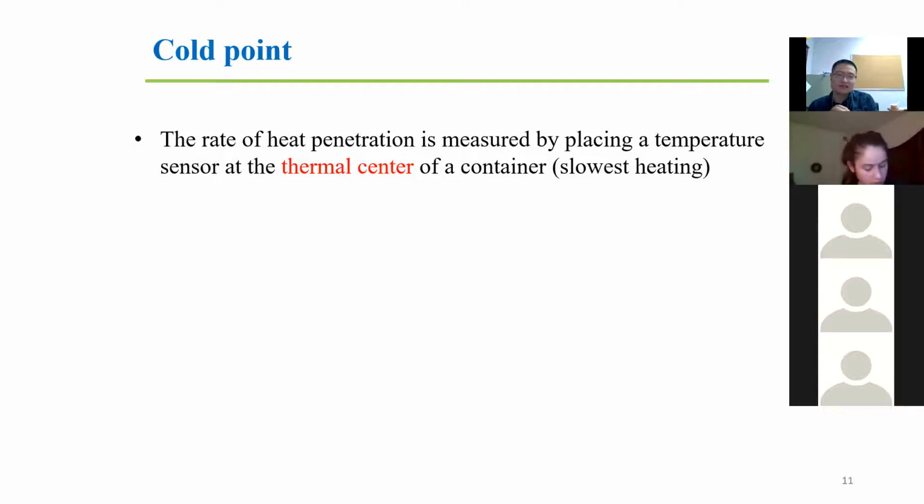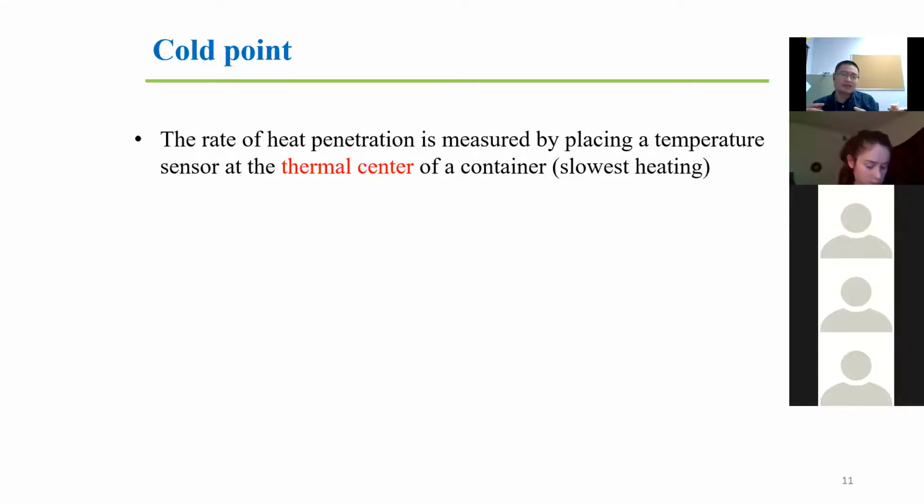And that's what we call the thermal center, or the cold point. The cold point is the part of the food that is heated the slowest in the can.